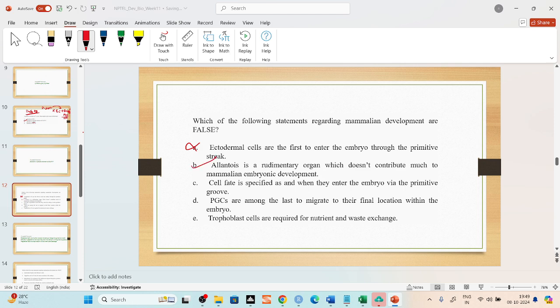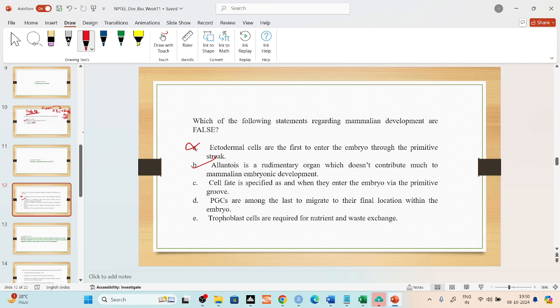Then next is cell fate is specified as and when they enter the embryo via the primitive groove. Is it a correct statement? No, it is a false statement. Why? Because some initial fate decisions are influenced by migration through the primitive streak, and I agree to that. But cell fate specification is not fully determined at this point, and it remains a little flexible.